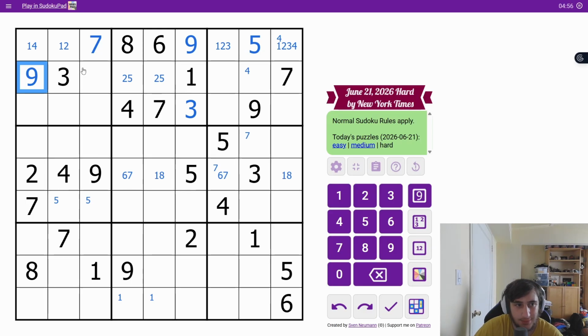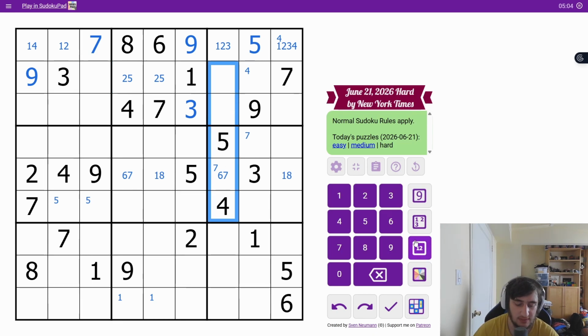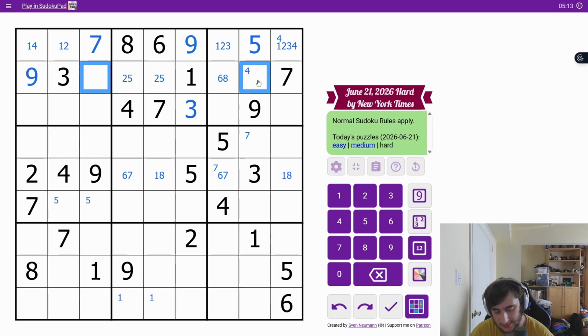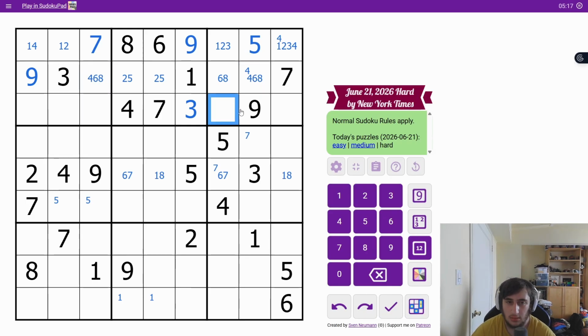So this is 1, 2. This has to be 4, 6, or 8. So that means this is a 6 or an 8 right here. And then these two are 4, 6, 8. Damn, I don't know how I thought that.